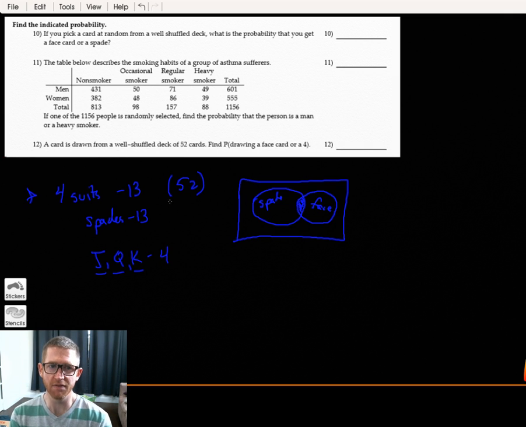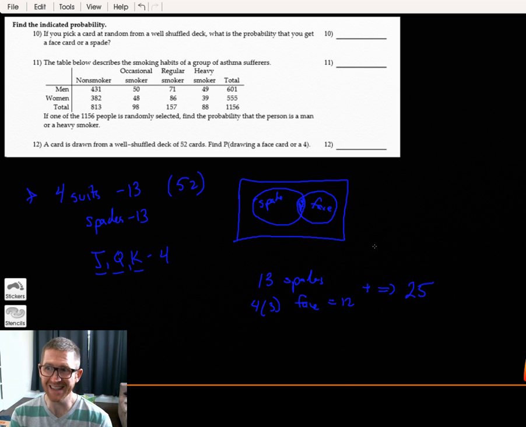If we counted these individually, there are 13 spades, and 4 of each face card, so 4 times 3 is 12 face cards. Adding these up, we would get 25 cards we can count as a success.